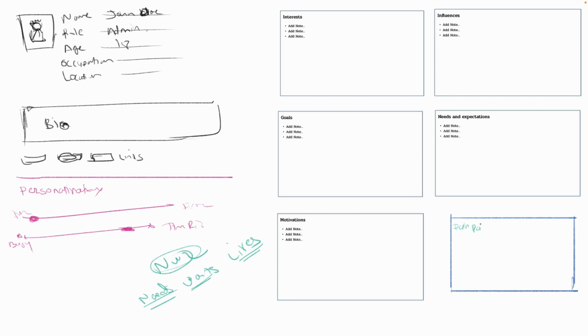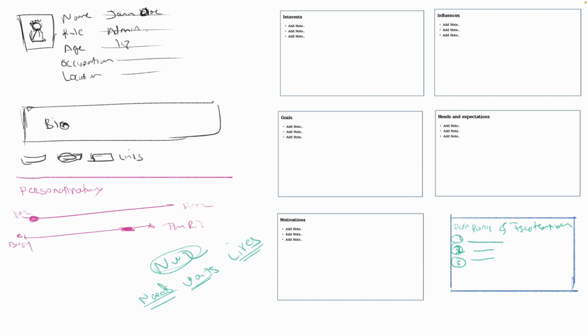Pain points and frustrations. Again, we can go literally crazy on this, but I would not recommend going crazy on the day one. I would suggest finding at least 3 pain points or frustrations of the user. What are the problems they are facing?